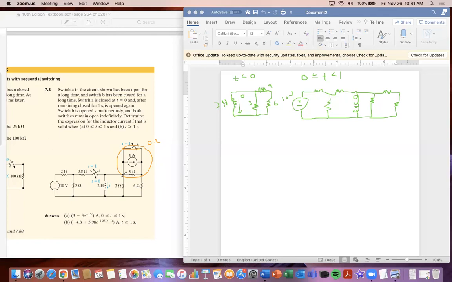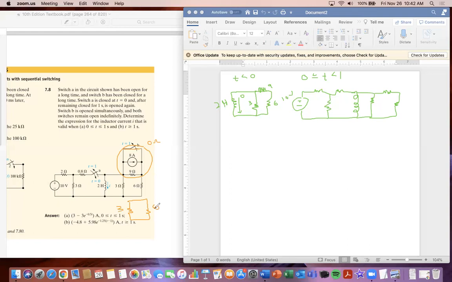What I did after that is looking down here, then we have a 3, and then we have a 6, and then we have 0. And so then we have a 3 and a 6 here. Let me see.